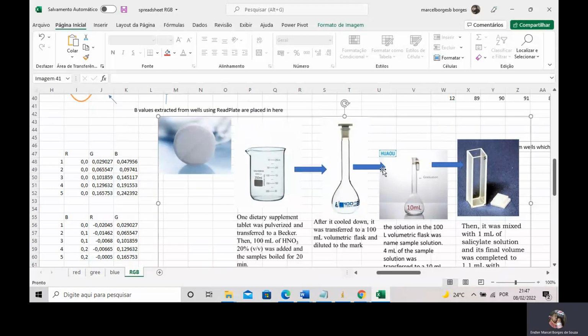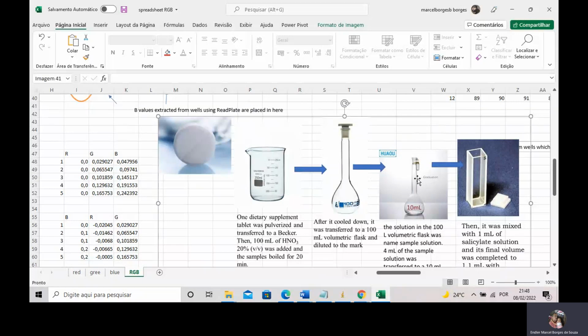For the Prussian blue assay and for the cyanate assay, this sample was diluted 10 times. In the salicylate assay, 4 milliliters of this sample was transferred to a 10 milliliter volumetric flask, and the volume was completed to 10 milliliters.